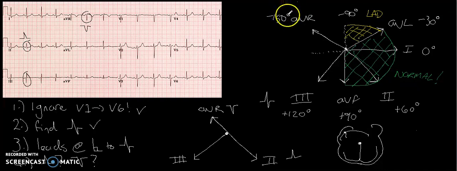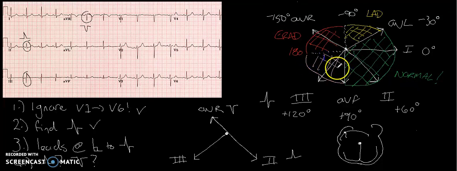We'll do red for this one because it's important, because we're going extreme. If we get to this, which is anything from 180 degrees up to minus 90 degrees, then that patient has got extreme right axis deviation. And if we're into, let's use pink, from 180 degrees down to 90 degrees, then we've just got right axis deviation.